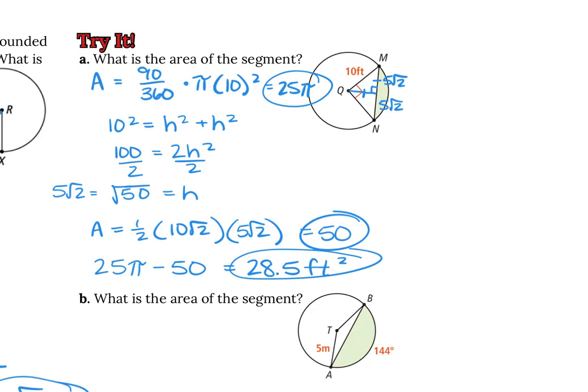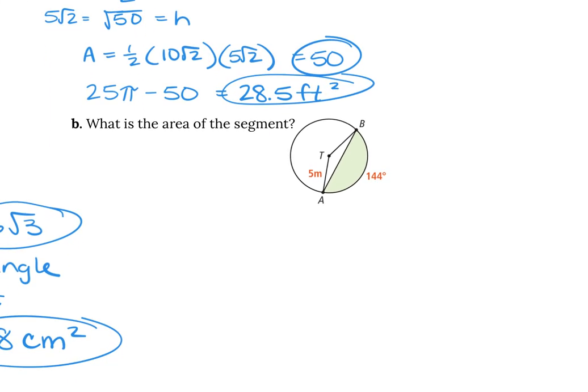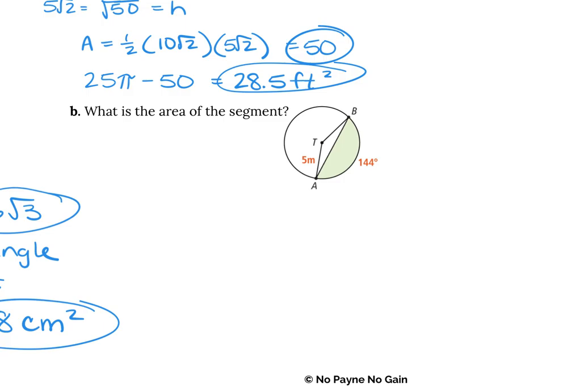Okay, let's look at B. Doing the same thing again. It's going to get me 10 pi. I want to find the area.